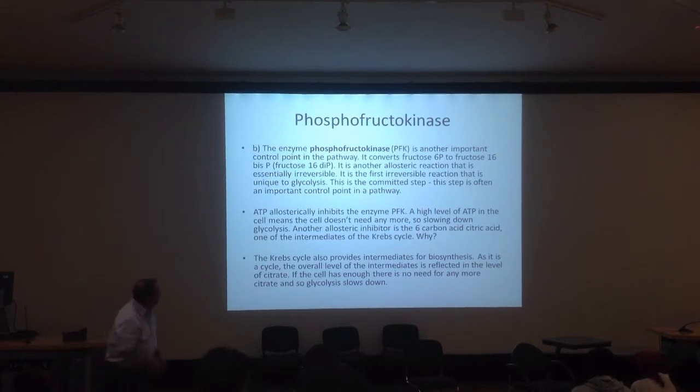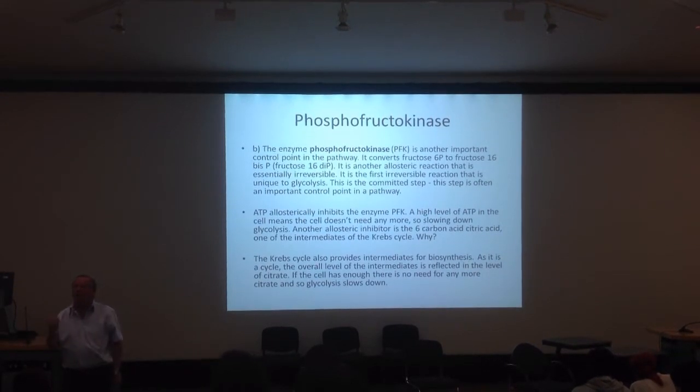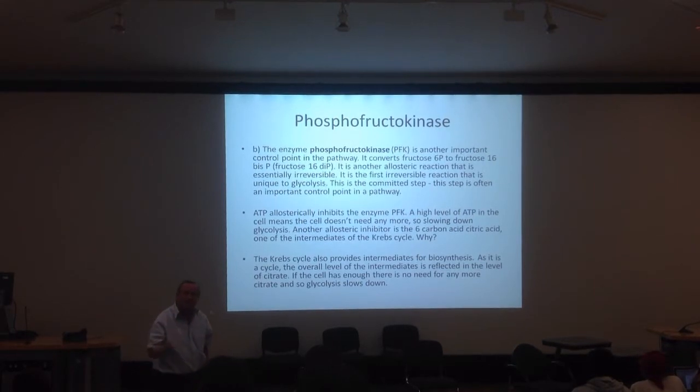ATP allosterically inhibits this enzyme. Why does it make sense that when ATP levels are high, that slows down the reaction? There's no need for any more. There's lots of ATP, it doesn't need any more. Let's slow down glycolysis. But another allosteric inhibitor is citric acid in the Krebs cycle.